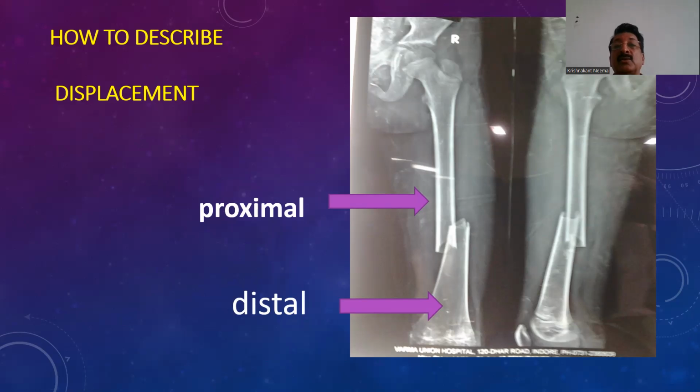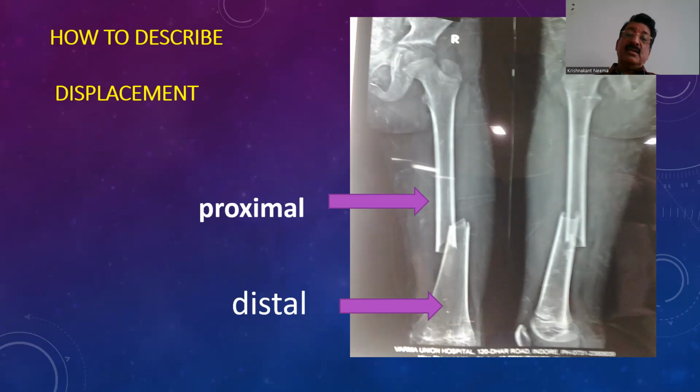It is a rule that the fragment away from the fracture line is called the distal fragment. So now how will you describe the displacement? You describe the displacement of fragments based on the position of the distal fragment.